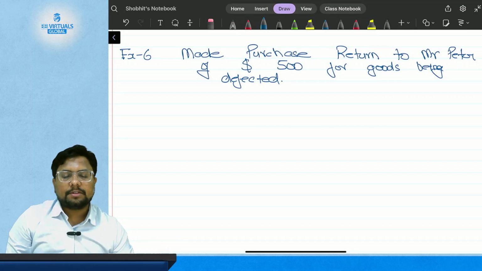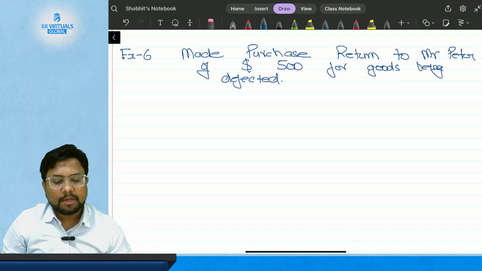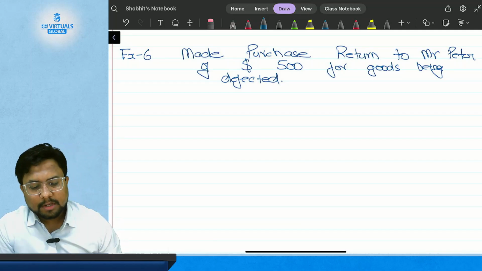So what does the illustration say? That made purchase return to Mr. Peter of $500 for goods being defective. Okay, so this is the illustration.